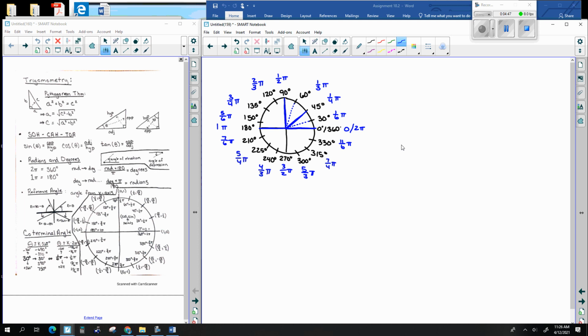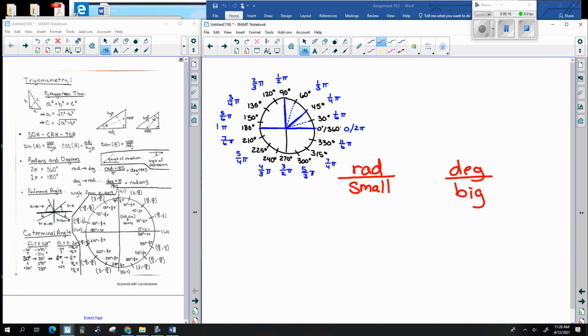They'll say, 210 degrees, what is that in radians? Or something along that nature. What I see is that radians are generally small numbers, and degrees are generally big. Small and big.